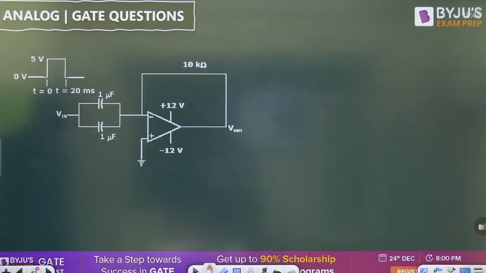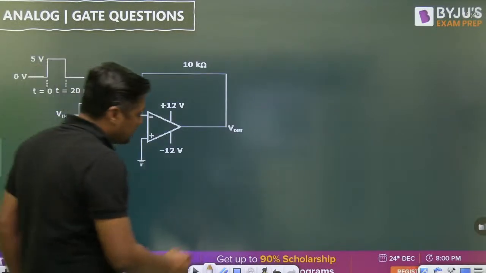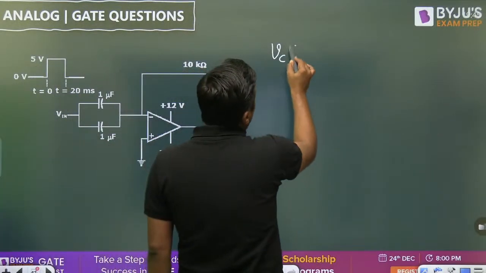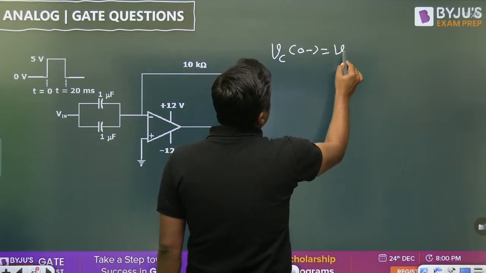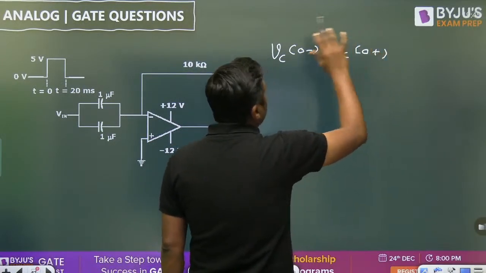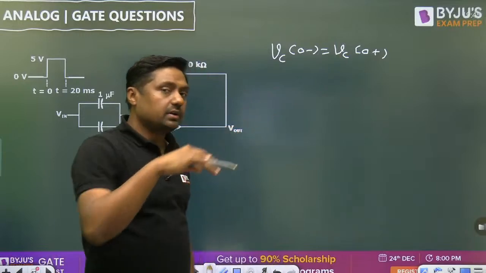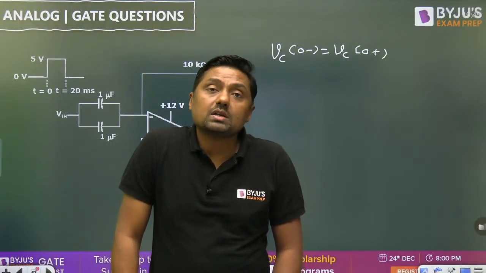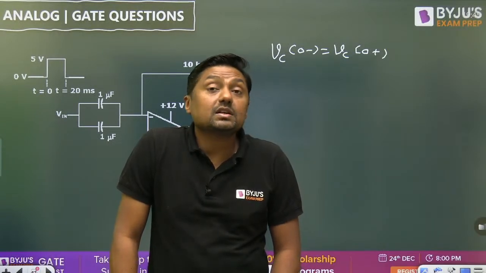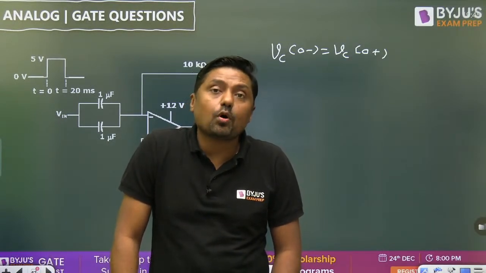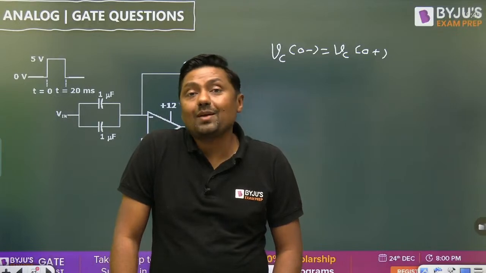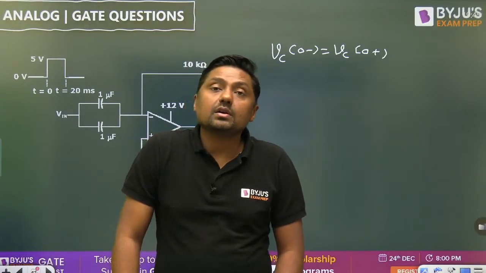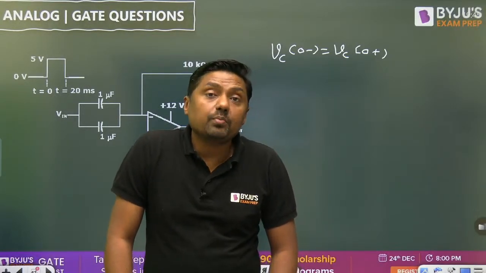Remember one thing, I am giving you the nature of the capacitor. The capacitor does not allow sudden change of voltage. If it is initially uncharged, suddenly it will not charge here. Then what will be the answer for this particular question? At the same time, you have to use the property of the operational amplifier, because there is negative feedback.